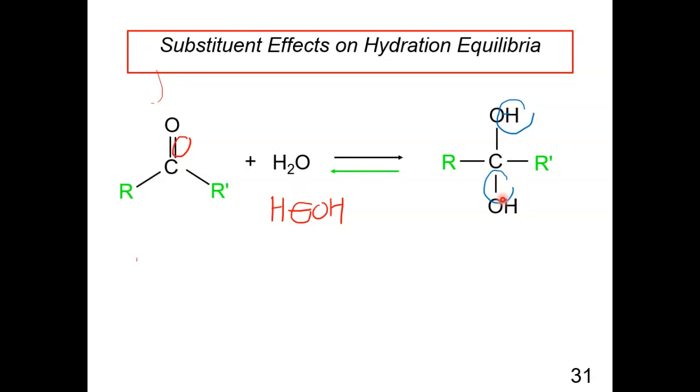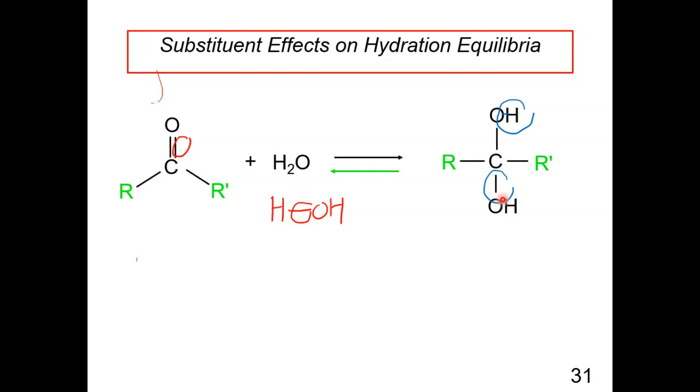Based on what we established in organic one, a pi bond is typically a bit weaker than a sigma bond. You're breaking a pi bond and a sigma bond, and you're forming two sigma bonds. So usually you'd consider this reaction exothermic, based on what we learned in organic one.